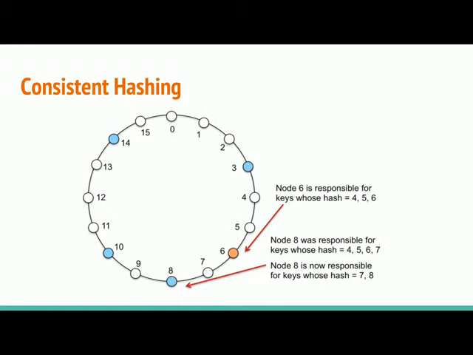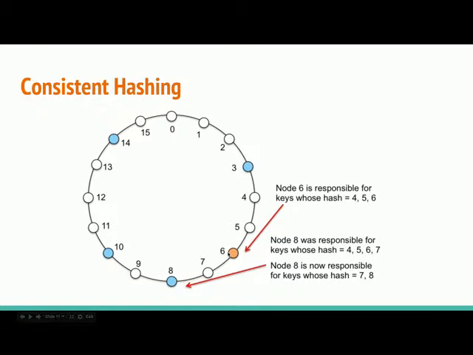It is better when someone joins or leaves. Let's say node 6 is the newly joined node, right? In this case, 6 is going to be responsible for 4, 5, 6. Who was responsible for that? 8, right? 8 used to be responsible for 4 to 8, but now 8 has to give 4, 5, 6 to 6.